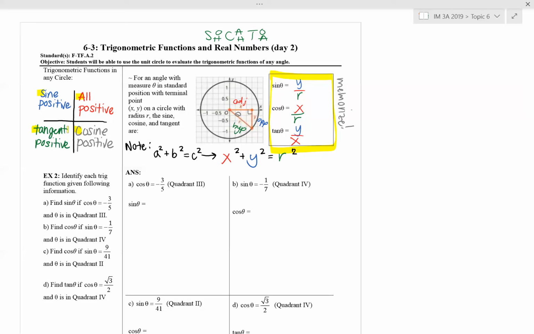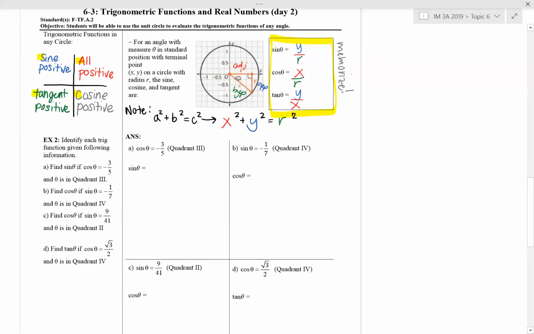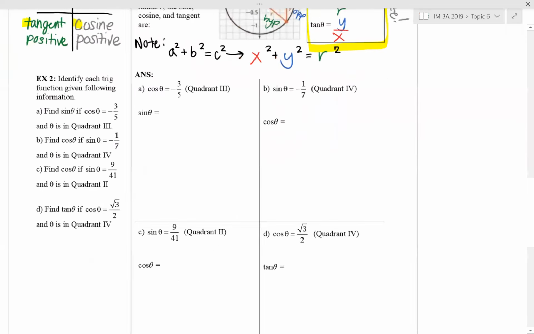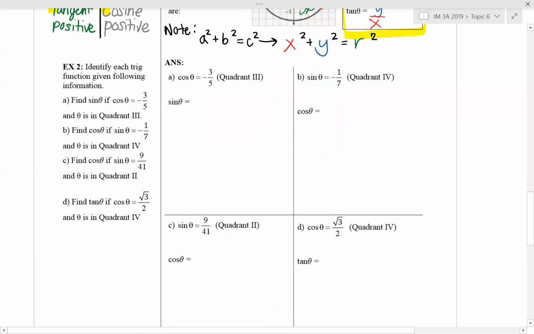When we're given a problem here, we're going to be given 2 pieces of information: one of the 3 trig functions and the quadrant that we're working with. And then we're using what we know about the triangles to identify the values. So the quadrant piece is really just telling us whether our answer should be positive or negative.